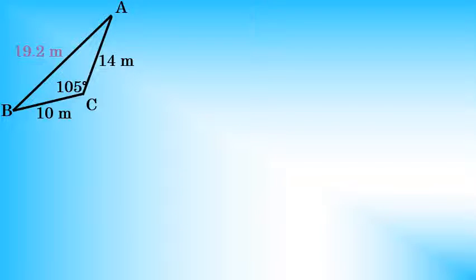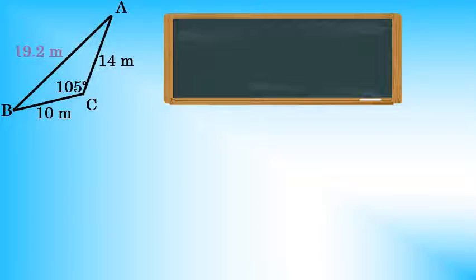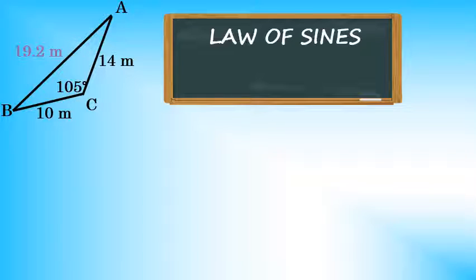To find the measure of angle A, I'm going to use not the law of cosines, although I could use the law of cosines. It will be easier to find angle A using the law of sines.